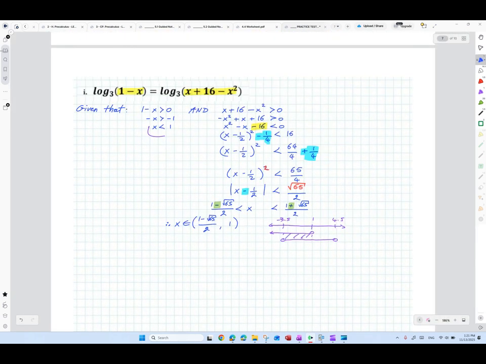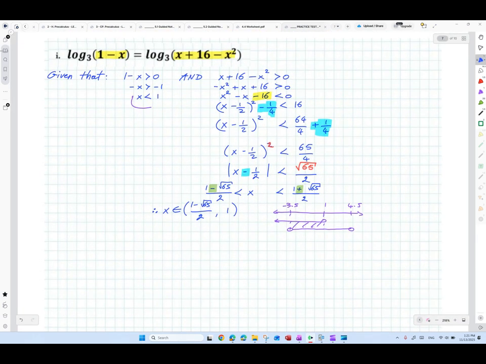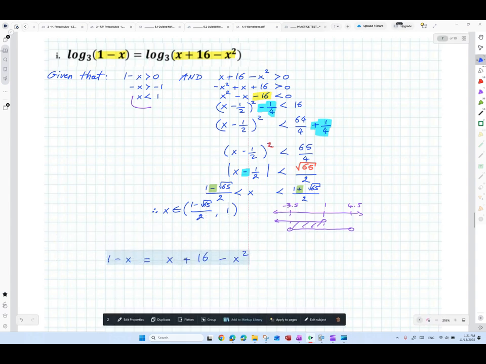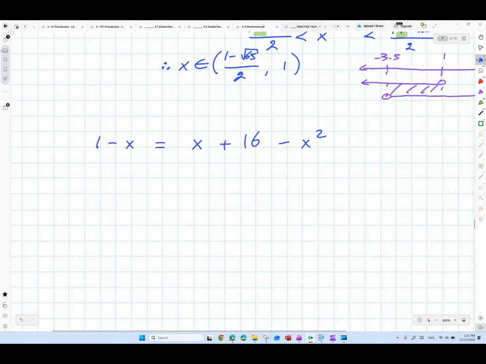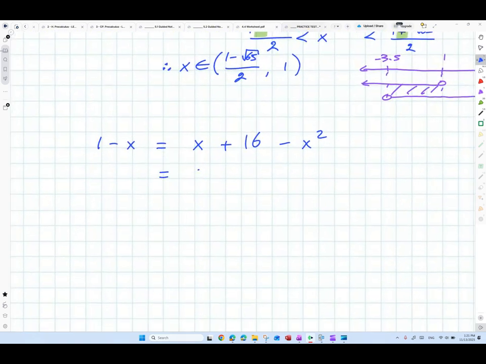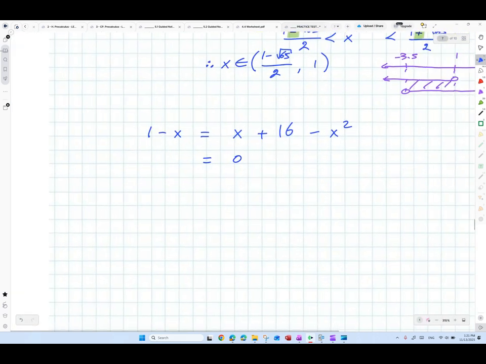Now that this is done, I will have 1 minus x equals x plus 16 minus x squared. Let me write that down here to have a cleaner equation solving. And I'm going to cross over everything to the left side.